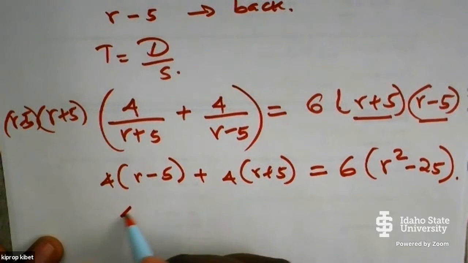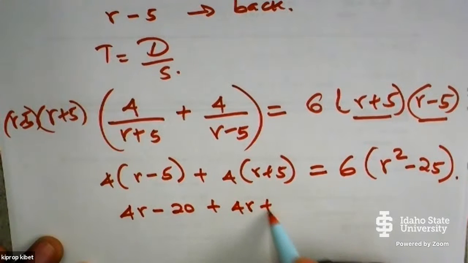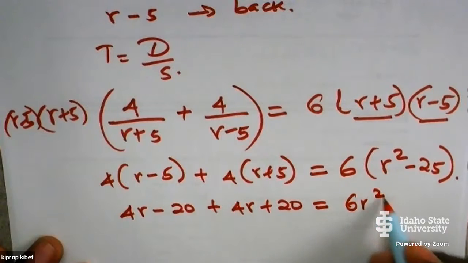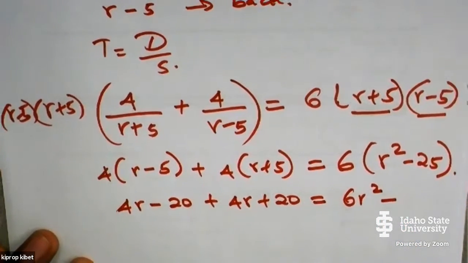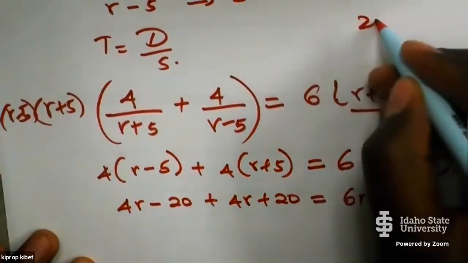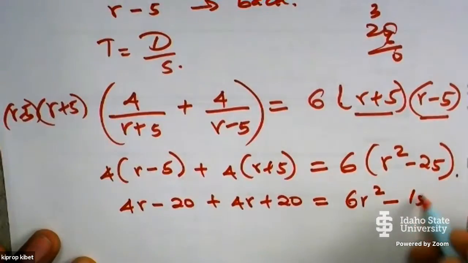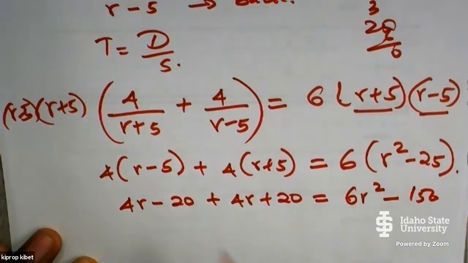When you open these brackets, 4r minus 20 plus 4r plus 20 equals 6 r squared minus 25. 6 times 25 is 150.